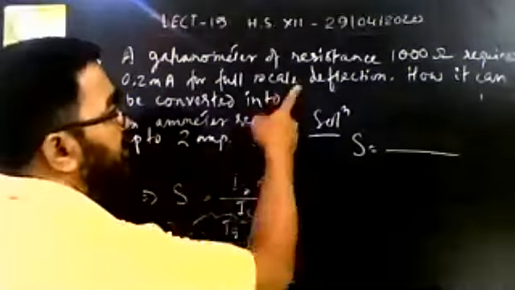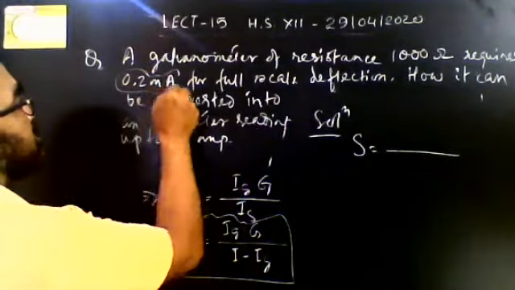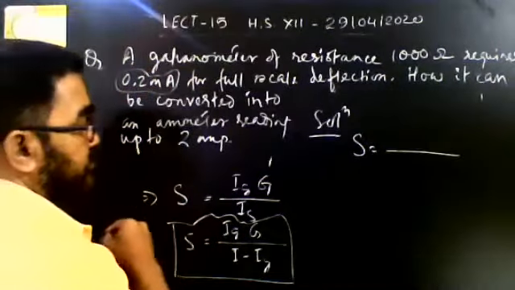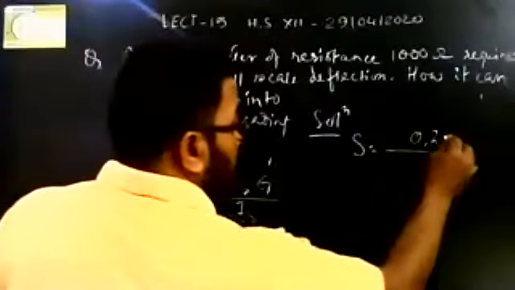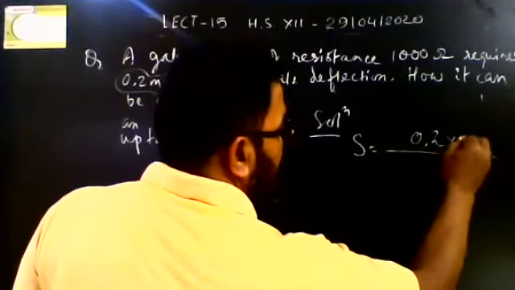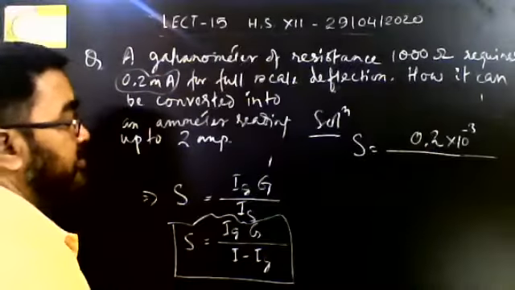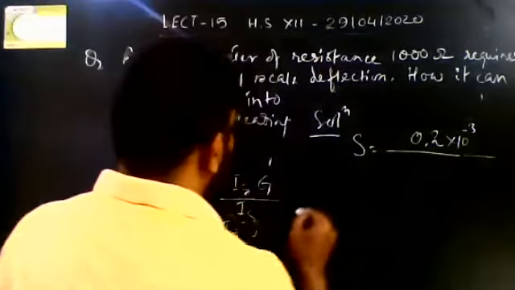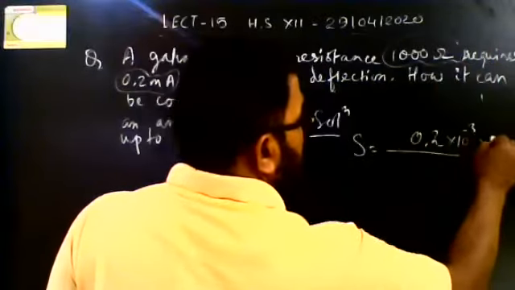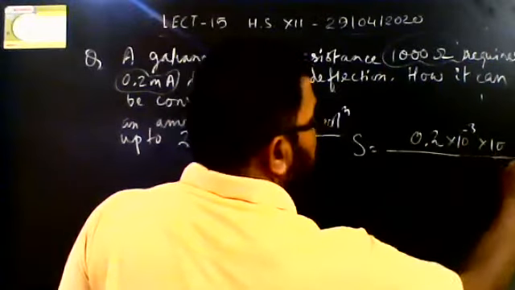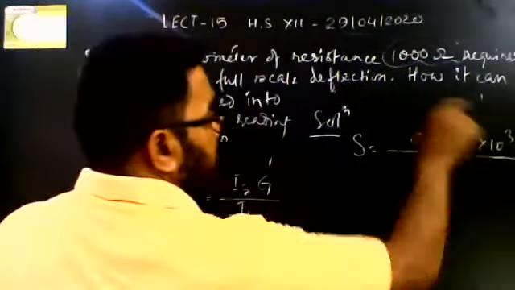Here Ig is equal to 0.2 milliampere, which is converted into ampere: 10 to the power minus 3 ampere. And G is already 1000, which means 10 to the power 3.